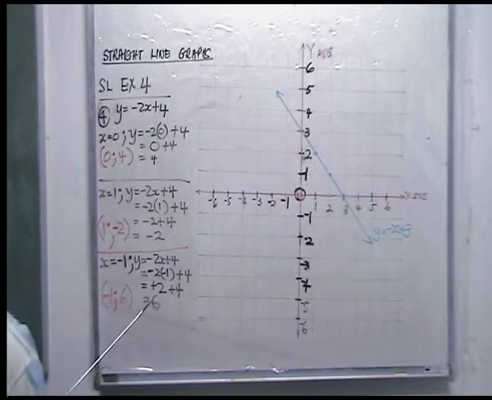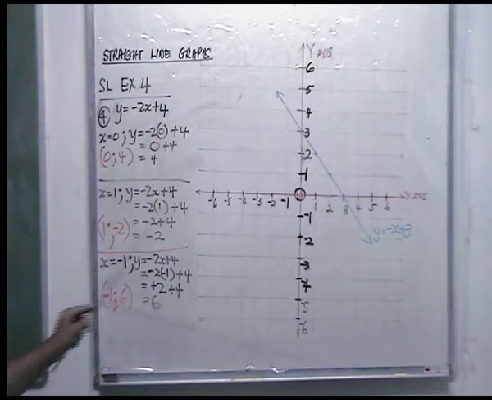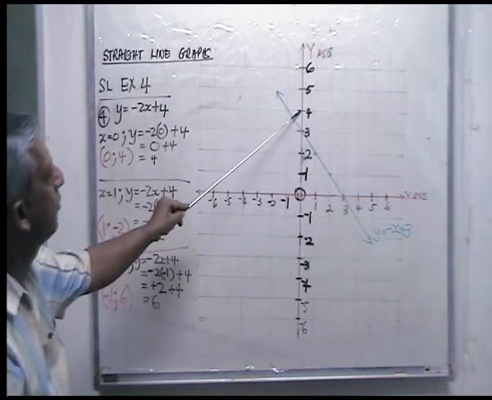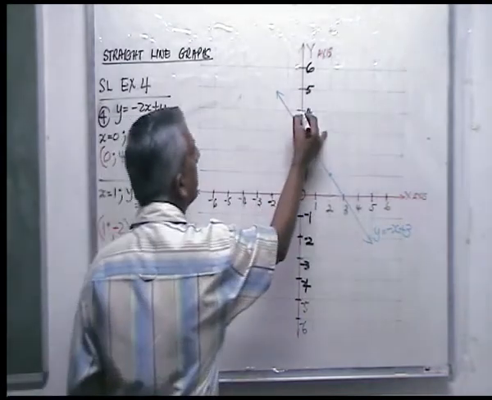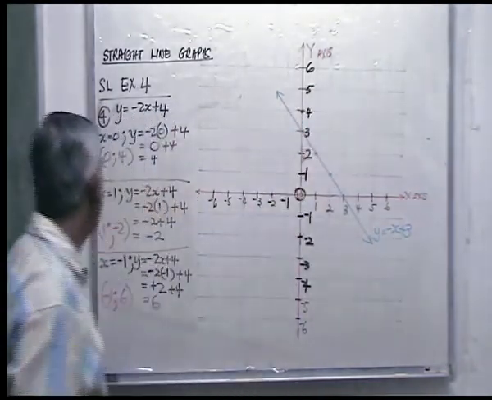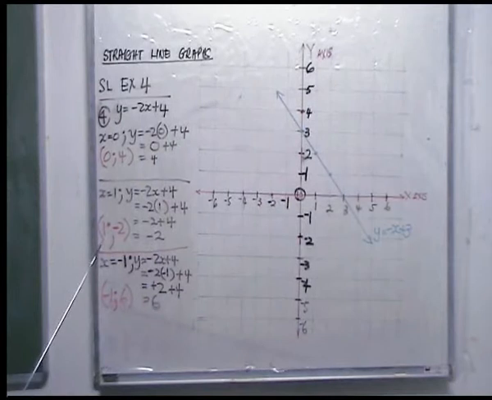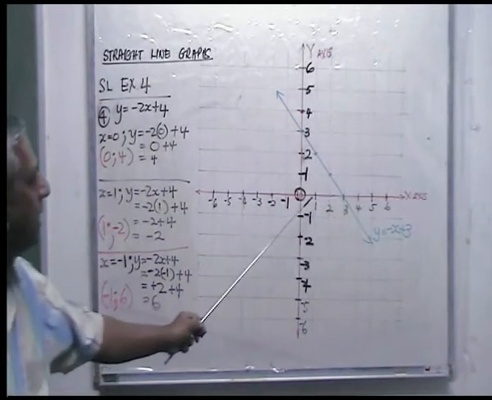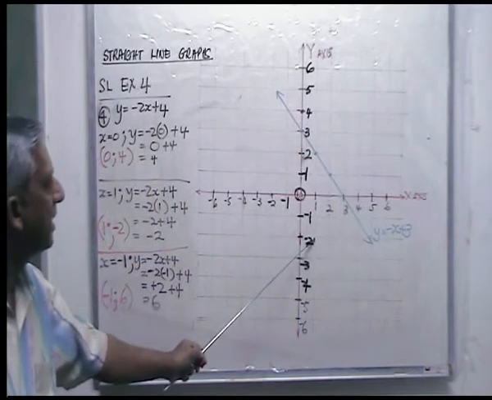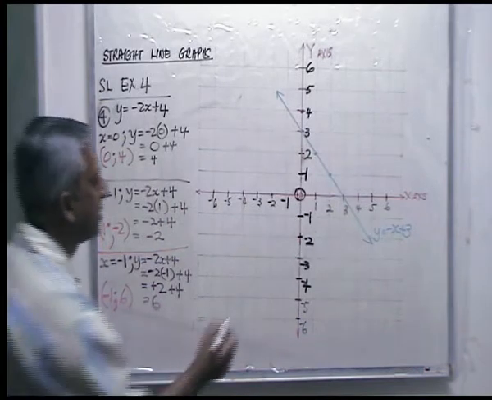Okay, let's do this graph in red. First one, 0, 4. There's your 0, there's your 4. Put it up there. Next one, 1, minus 2. So there's your 1, and there's minus 2 down here.